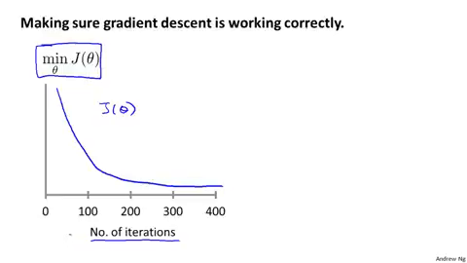Notice that the x-axis is the number of iterations. Previously, we were looking at plots of J of theta where the horizontal axis was the parameter vector theta. But this is not what this is.